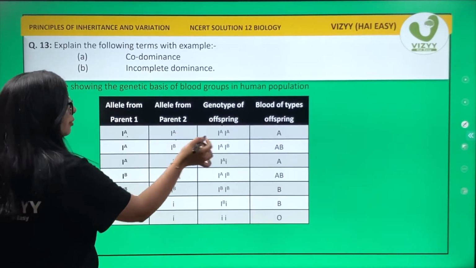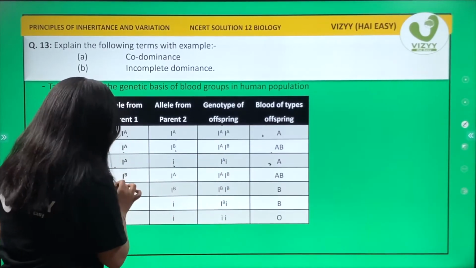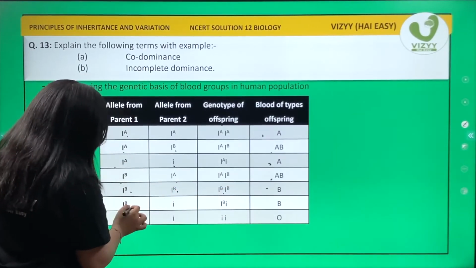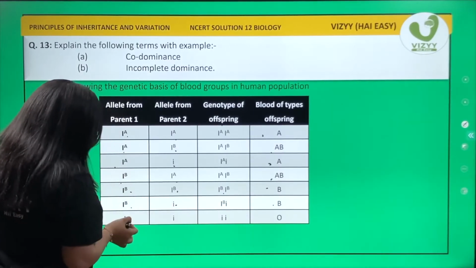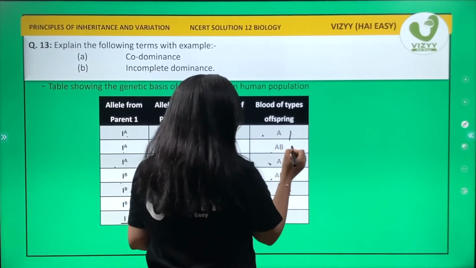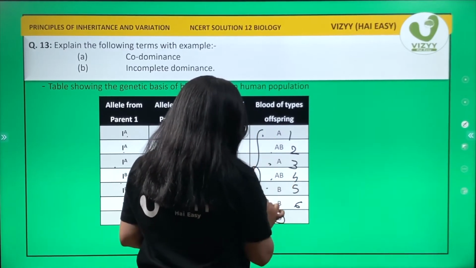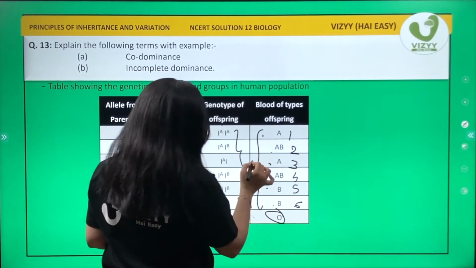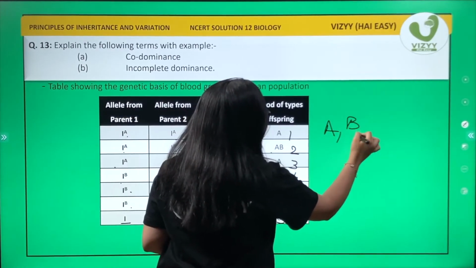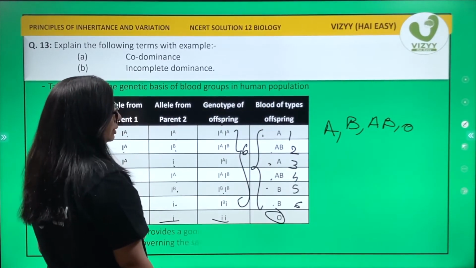So, IAIA will give you A, IAIB will give you AB, IAi will give you A, IB with IB will give you B, and IB with i will also give you B. Lastly, ii will give you O. So we've got 1, 2, 3, 4, 5, 6 genotypes. These are the genotypes. And A, B, AB and O are your phenotypes.